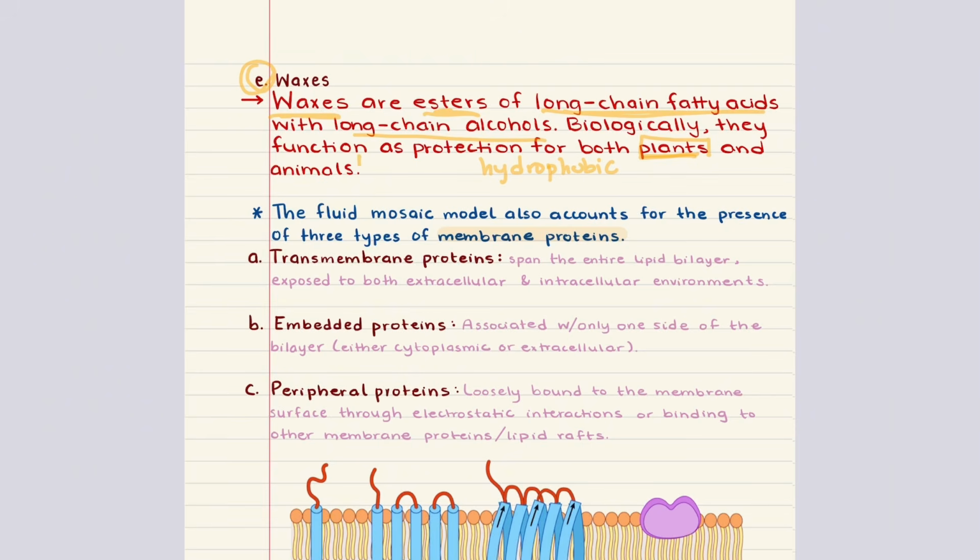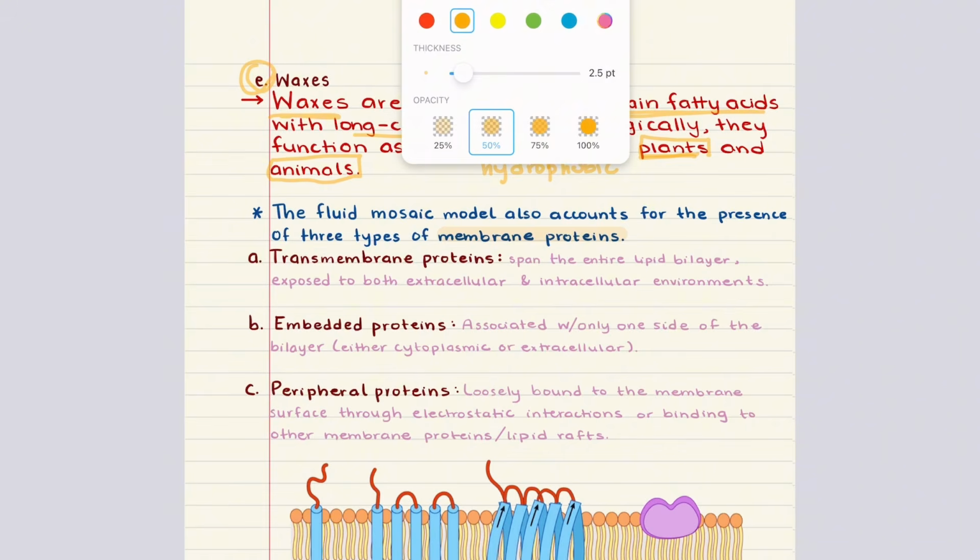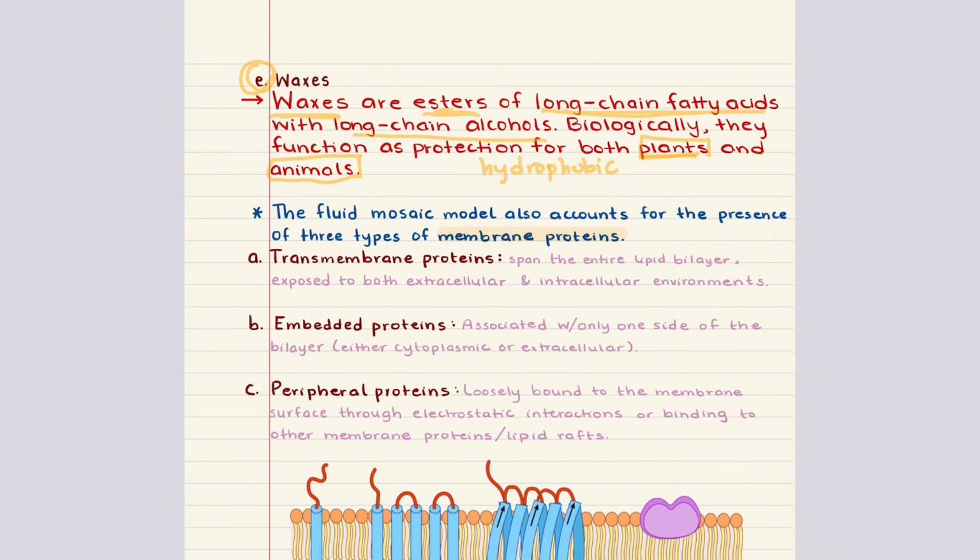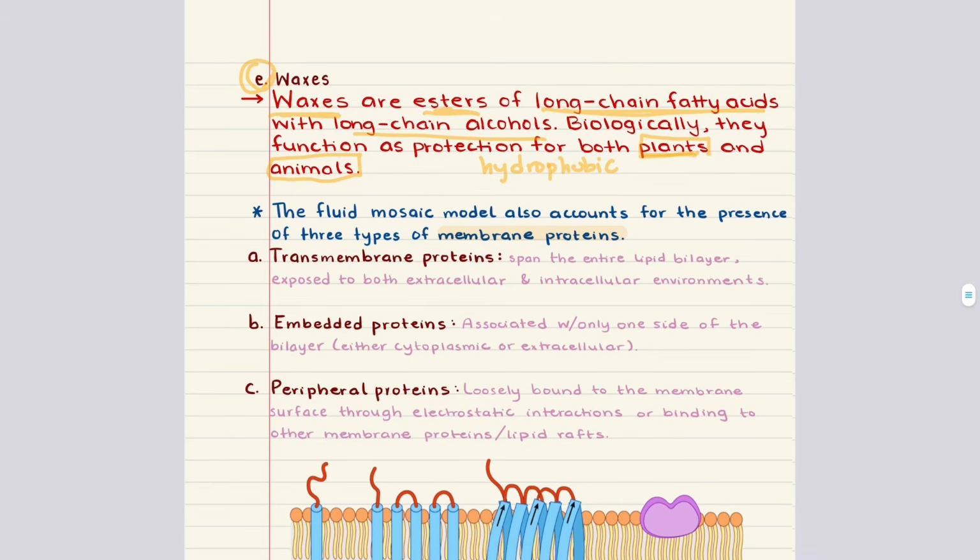In animals, waxes appear in places like earwax, where they act as a barrier and can have antimicrobial properties. In short, what we need to know is that most waxes serve an extracellular function in protection or waterproofing.